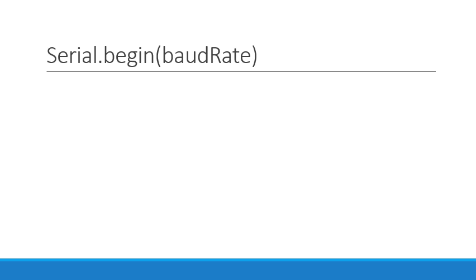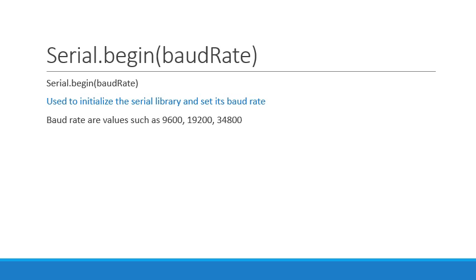So Serial.begin takes in one parameter, which is the baud rate. That baud rate is like the speed at which the Arduino is sending information to your computer over the serial line. The Serial.begin function is used to initialize the serial library and to set its baud rate. The baud rate is values such as 9600, 19200, 34800.